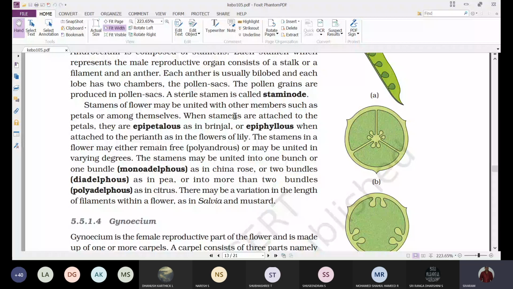And next, the stamens of a flower may be united with other members such as the petals, or among themselves.